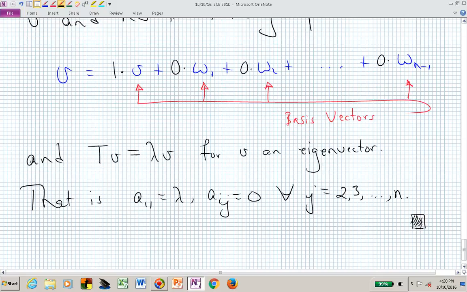Oh, sorry, I have too many i's and j's. So it should now be j1, because I need to be incrementing down the rows in the first column. So it should be a sub j1 equaling 0 for all the coefficients that would be weighting the w1, w2, up to w sub n minus 1 of our basis vectors.